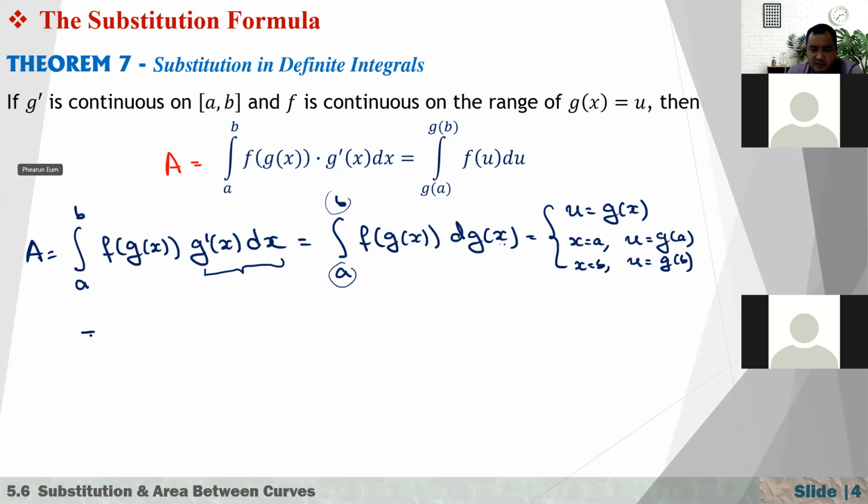Then I can change this: our u is changing from g(a) to g(b), and here we have f(u) du.